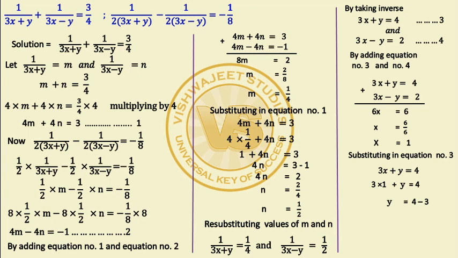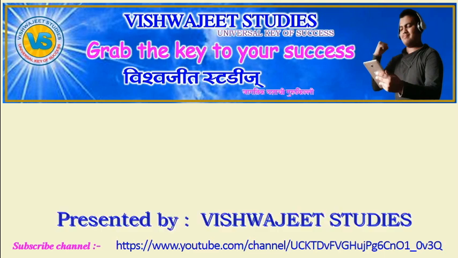When it goes to the right hand side, it will become negative 3. So we get y is equal to 4 minus 3. After subtraction, we get the value of y as y is equal to 1. So the solution of this equation is x is equal to 1 and y is equal to 1.